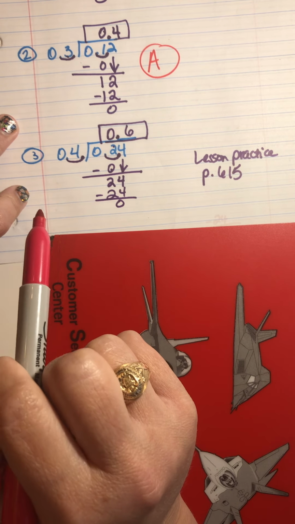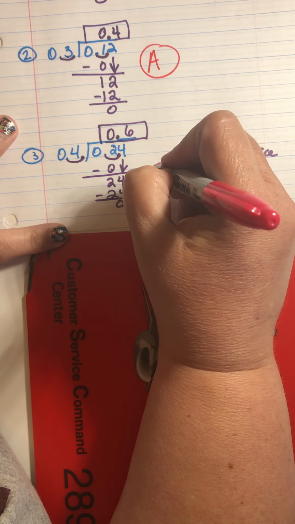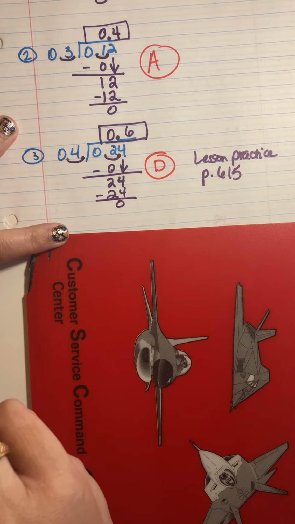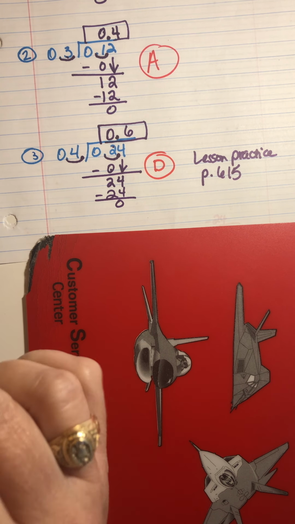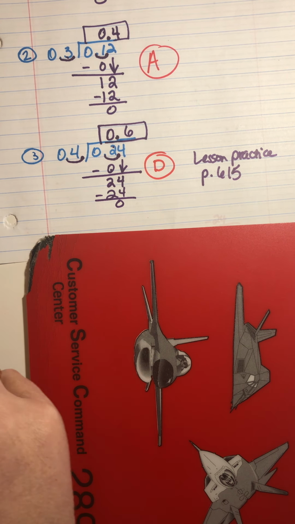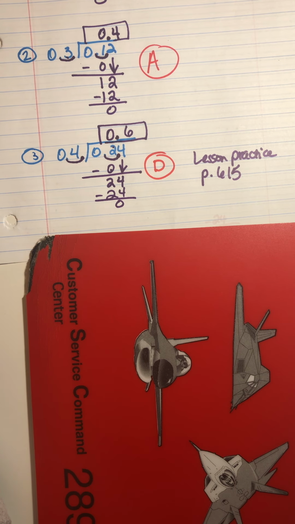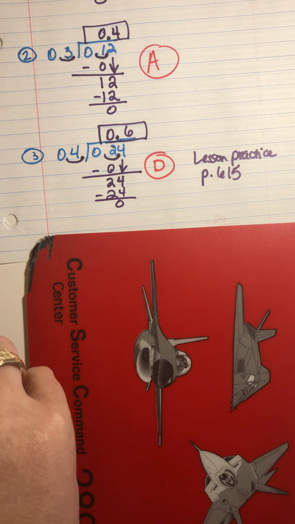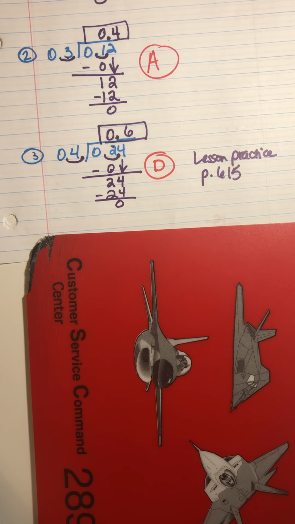And this is lesson practice D, if you did it with me. So you have 2 done, and it looks like you only have 7 to go. So again, page 615.